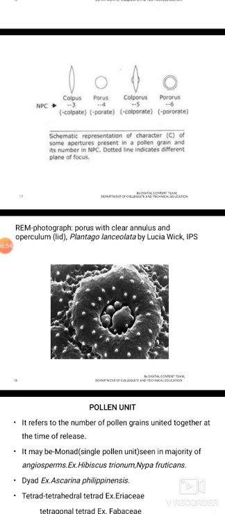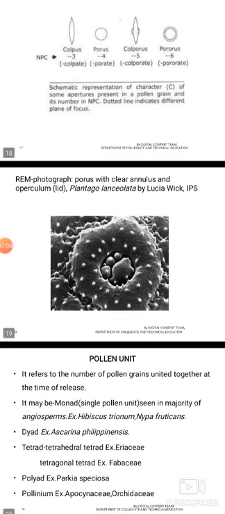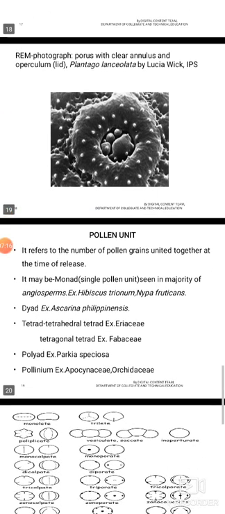Tetrad, tetrahedral tetrad. Example, Ericaceae. Tetragonal tetrad, example, Fabaceae. Polyad, the example is Parkia speciosa. Then pollinium, the examples for this are members of Apocynaceae and Orchidaceae.